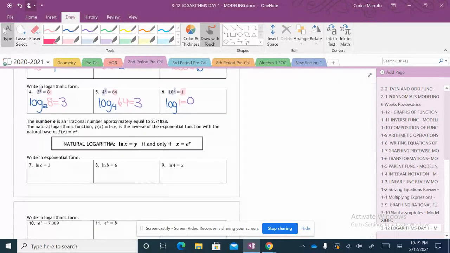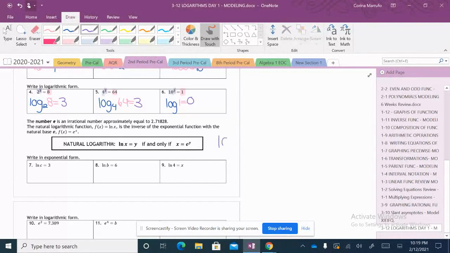So here, the number e is an irrational number, approximately 2.71828. The natural logarithm function f of x equals ln of x is the inverse of your exponential function with the natural base e. So f of x is equal to e to the x. Whenever you see ln, it's called the natural log.